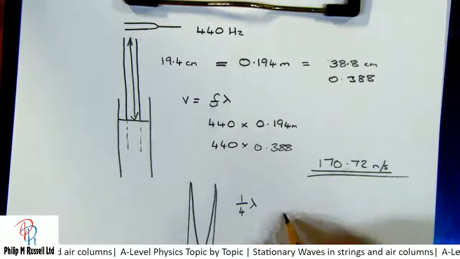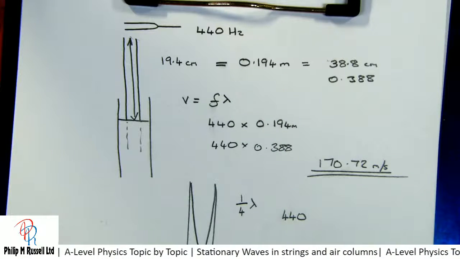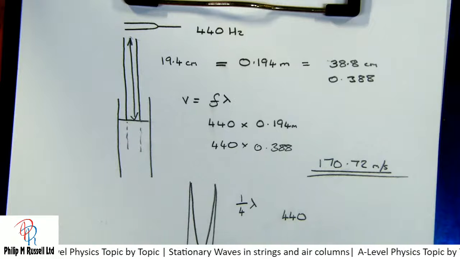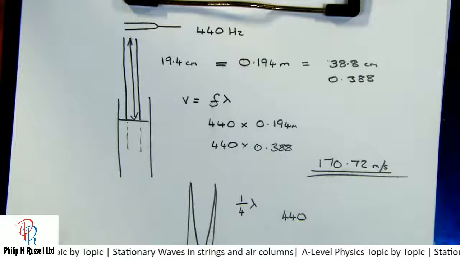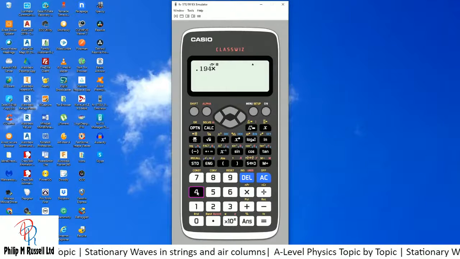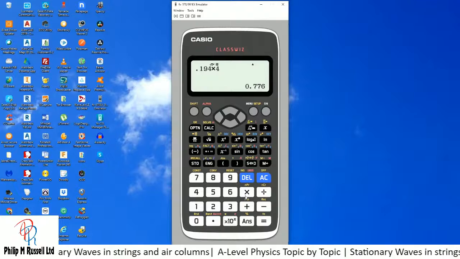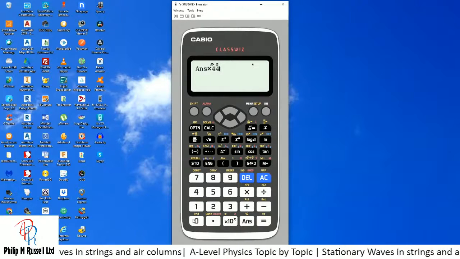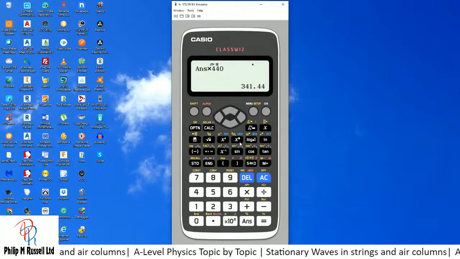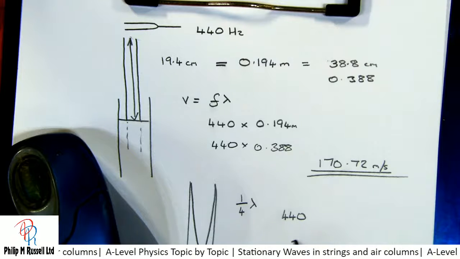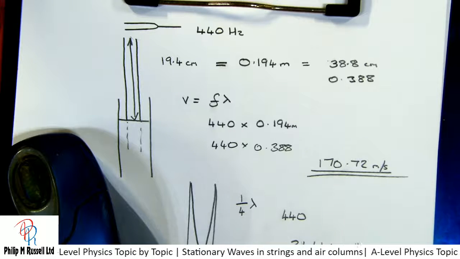So my calculations were all wrong, because now it's 440 and we need to multiply that by 0.194 times 4 to give me the wavelength, and that 0.776 times 440 gives me a much more reasonable accuracy of now about 341.44 meters per second.